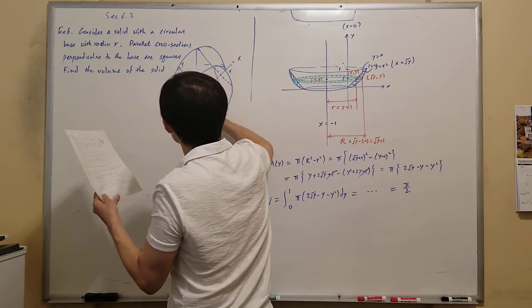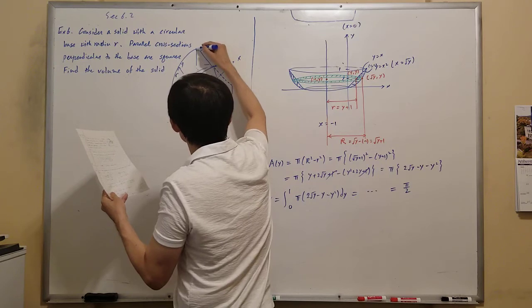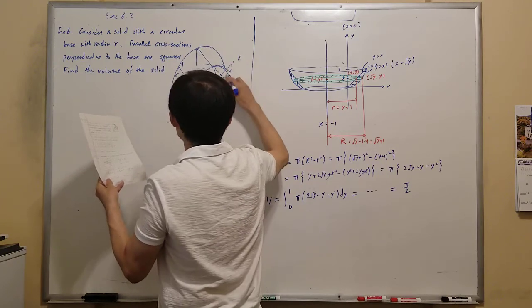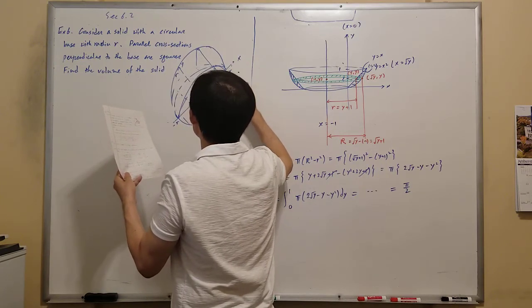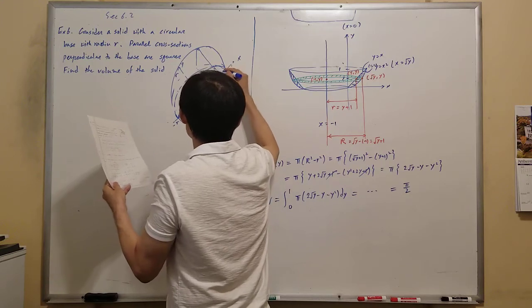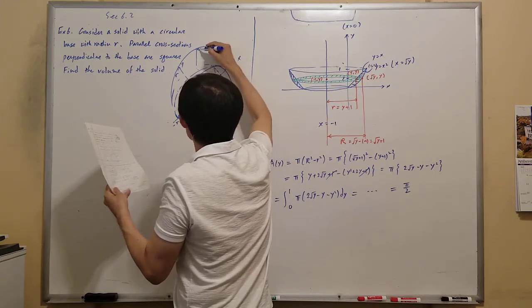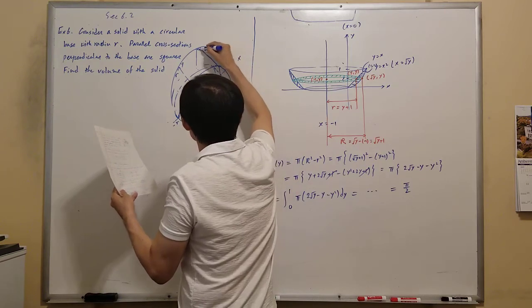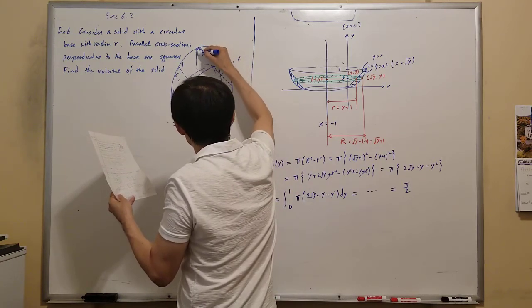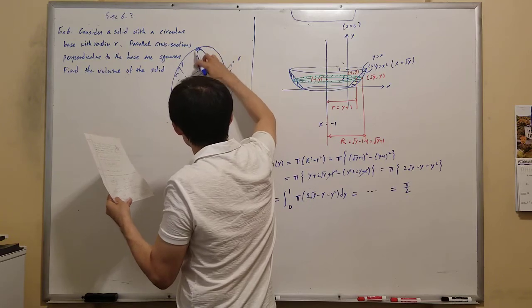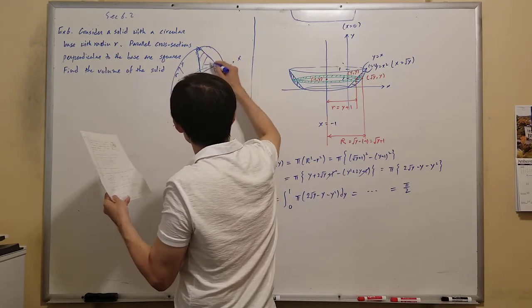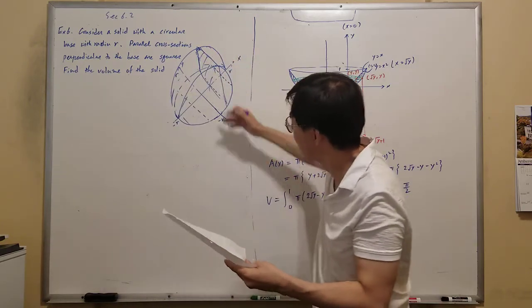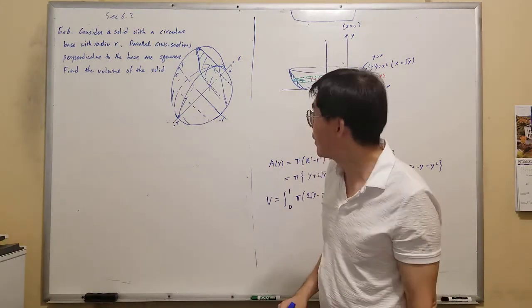Your cell inside the circle will go like this. I don't know, it's so hard to draw. Something like this, okay? Going down like that. So, you see? Cross section. It's a square.